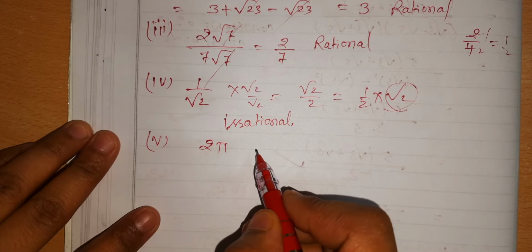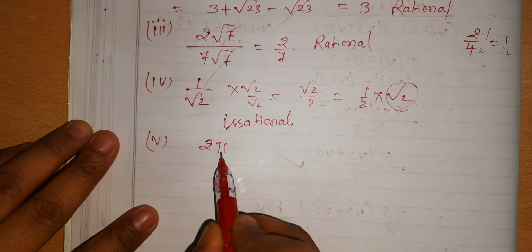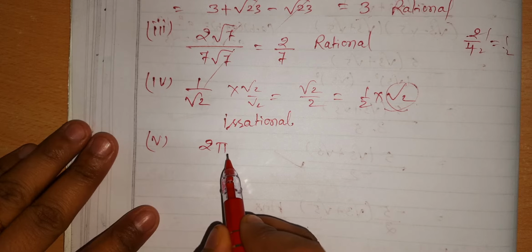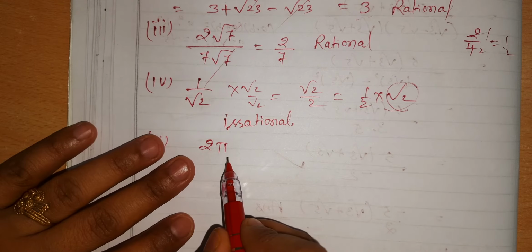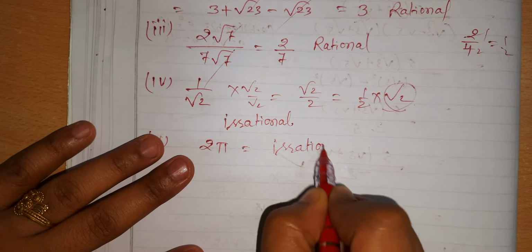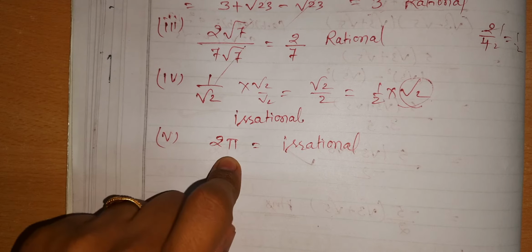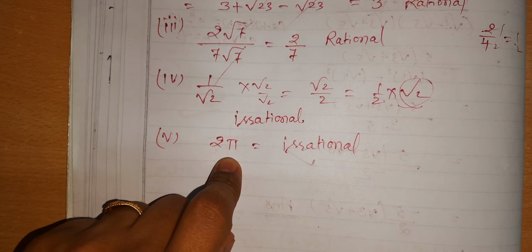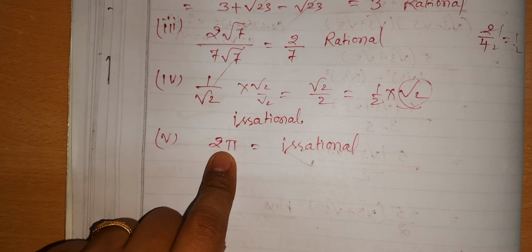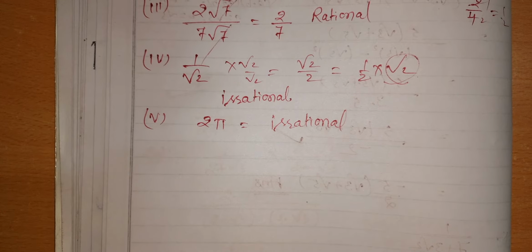We know that pi is irrational, and if you multiply pi by 2, a multiplication of this 2, which is a rational number, and pi, which is irrational, we'll get an irrational number only, because the decimal expansion of pi is non-terminating and non-repeating. So if you multiply by 2, you will again get a non-terminating and non-repeating number. That is why it's an irrational number.